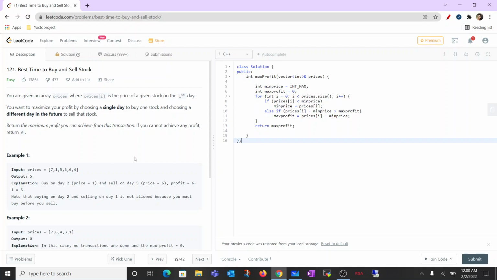So basically in this question, what we are given is an array as our input, and this array depicts the prices of all the stocks which could be bought or sold on a particular day.